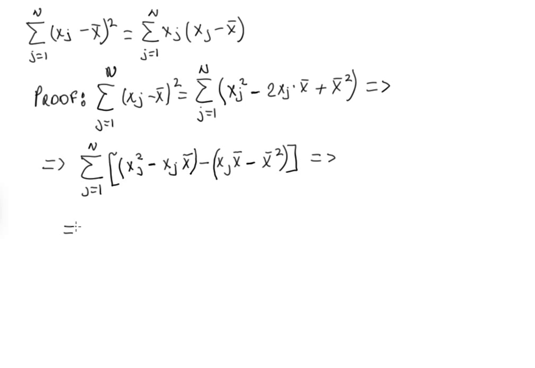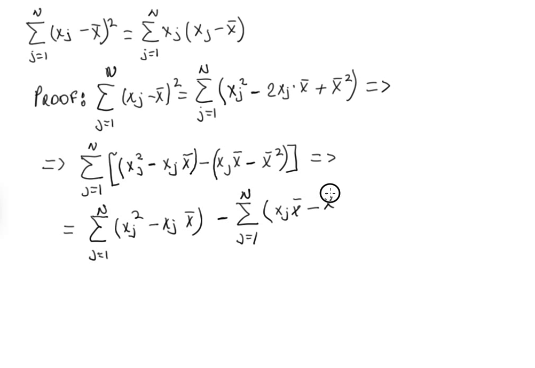Now I think we can apply the summation operator to this expression and separately to this expression. So we'll have this result: the sum from j equal to 1 to n of xj squared minus xj x bar, minus the sum from j equal to 1 to n of xj x bar minus x bar squared. Right. Now I think we could do something here.